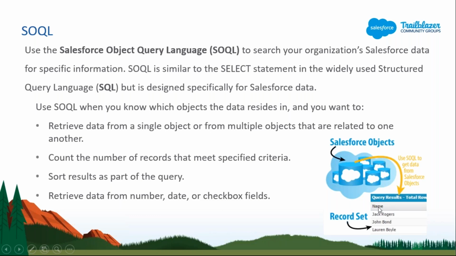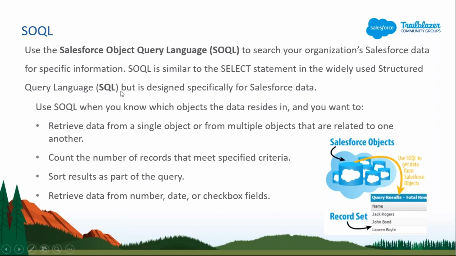If I want to fetch name, email, phone, whichever fields you want to fetch, you have to mention those. Then we write select name, email, phone from object name, and then we can use the where condition, and we can use limit and all those things which we use in SQL.